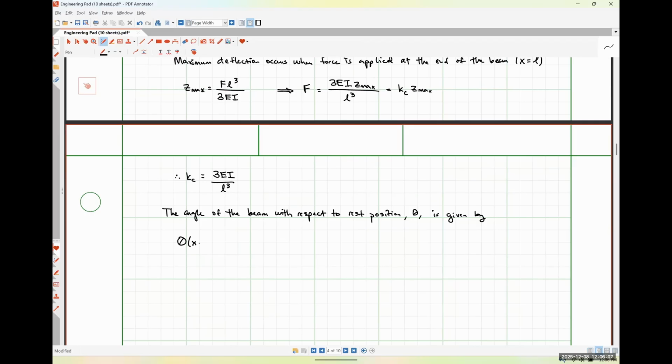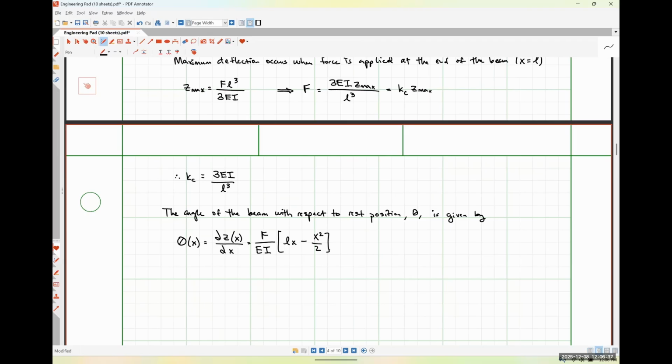So theta as a function of x is going to be the derivative of the tip displacement, so that's going to be F over EI times LX minus X squared over 2.